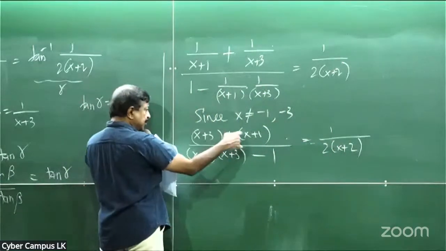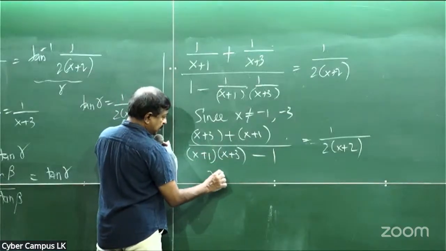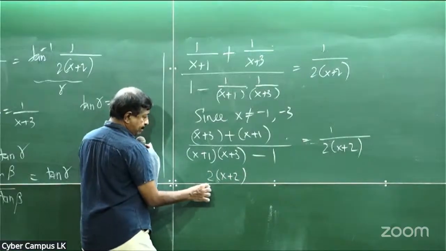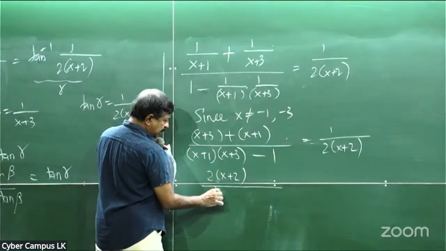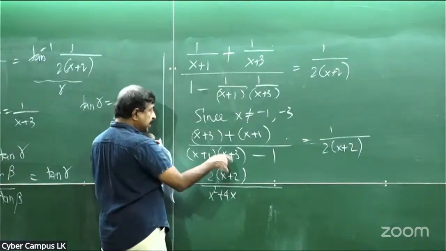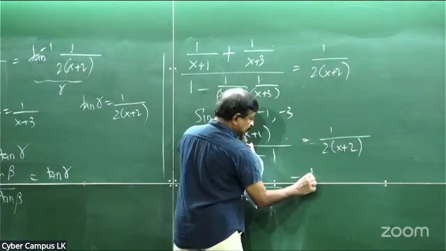This is 2x plus 4, means 2 times x plus 2. This is x squared plus 4x plus 3 minus 1, so plus 2. Now bring that guy to this side.